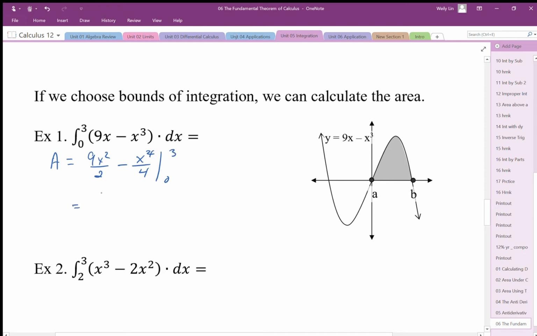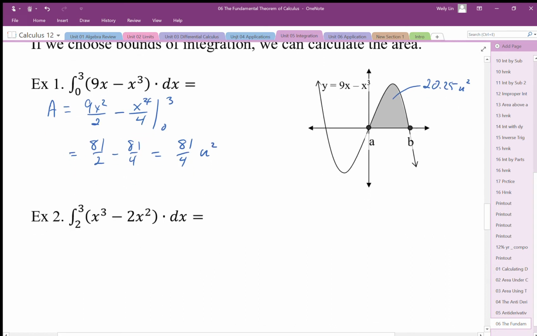That displacement works out to be 81 over 2 minus 81 over 4, which is 81 over 4 units squared. So this area is 20.25 units squared. Okay? So the area under the curve can be calculated using a displacement on the antiderivative.